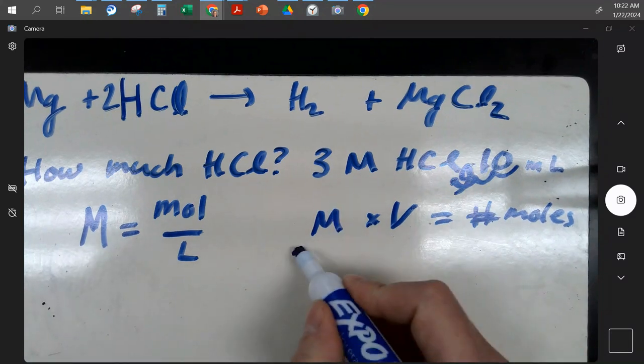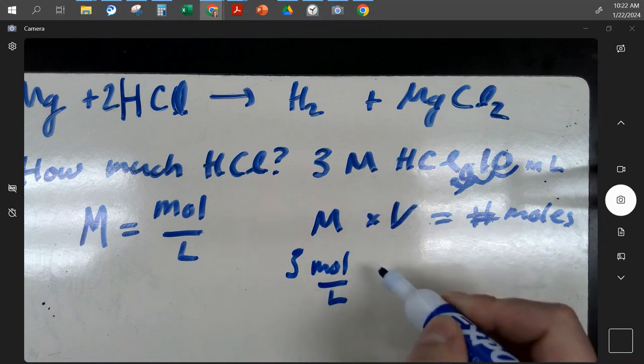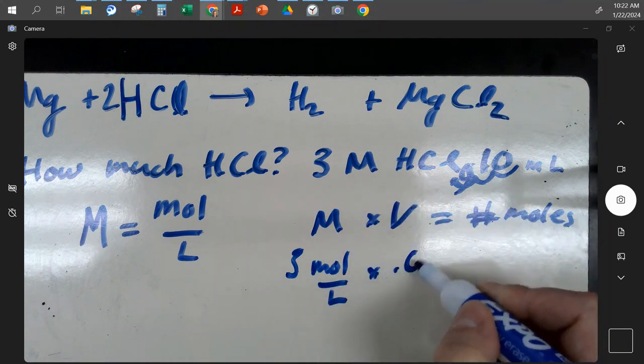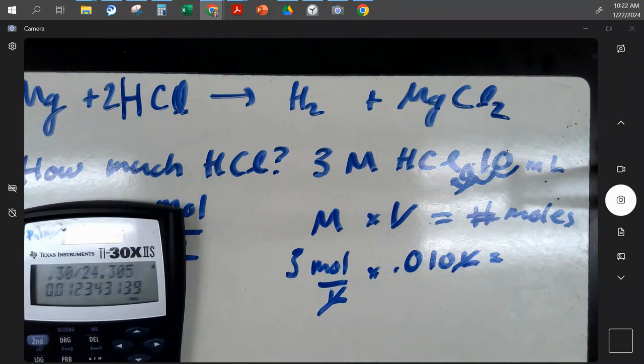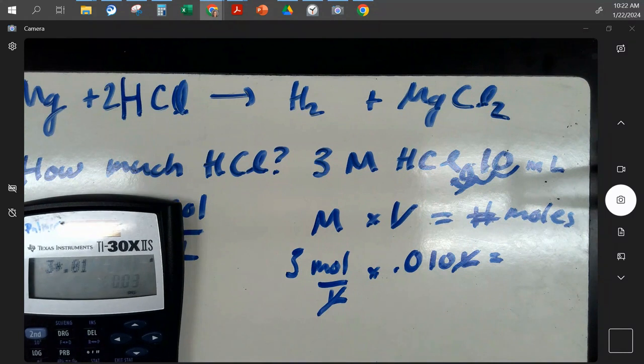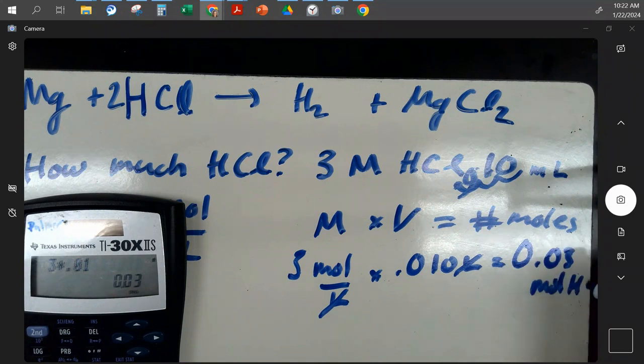So I'm going to take 3 molar, which is moles per liter, multiplied by the number of liters. So liters cancel out, and that will tell me how many moles of hydrochloric acid. So we used 0.03 moles of HCl. Okay, so we need to know that to compare.